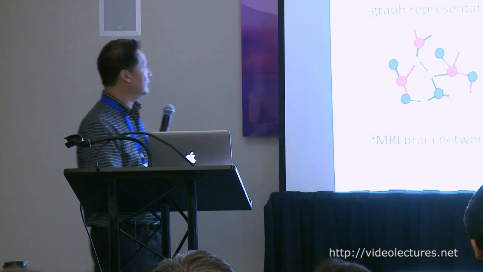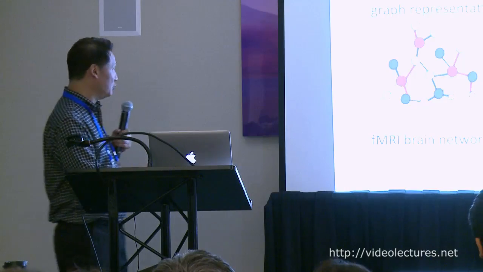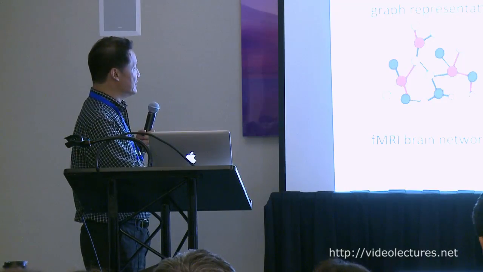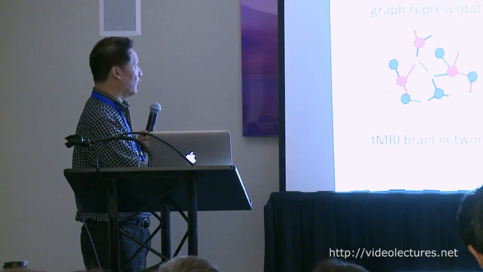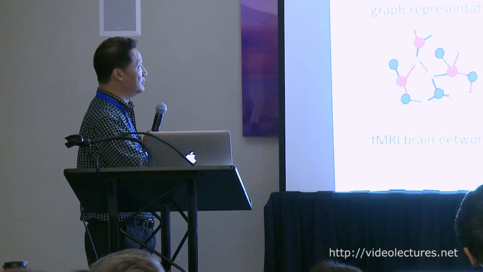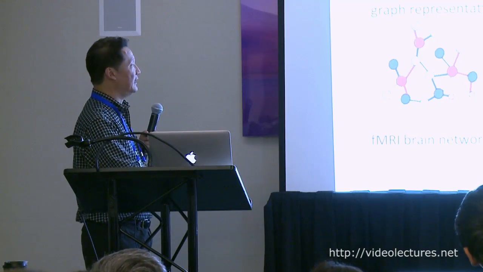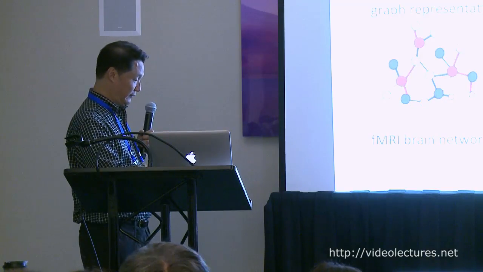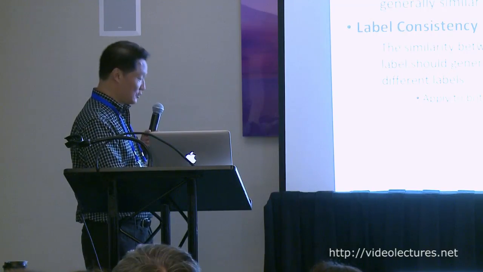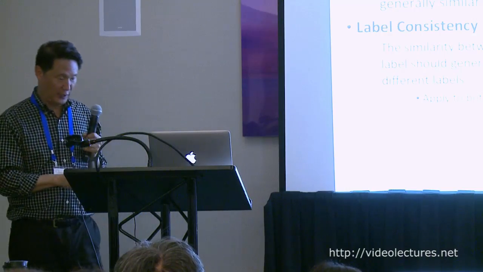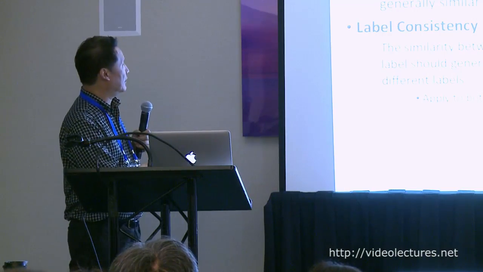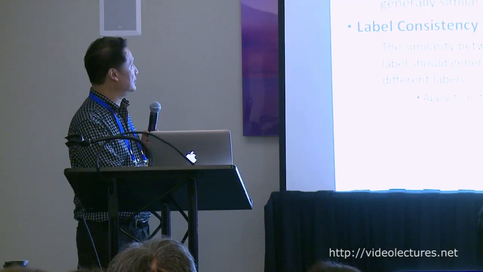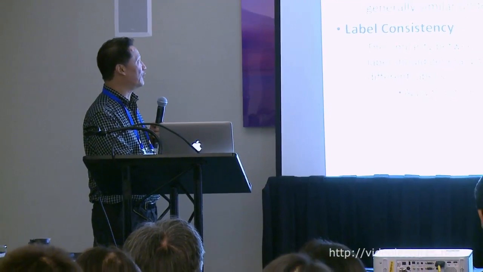Now we have two types of information. One is this brain network, and the other is the side view information, which is basically vector type information. So how do we fuse them together? We use two types of observation to help with the formulation.